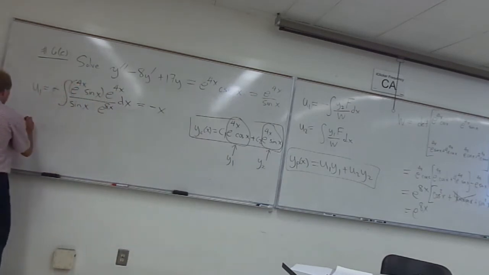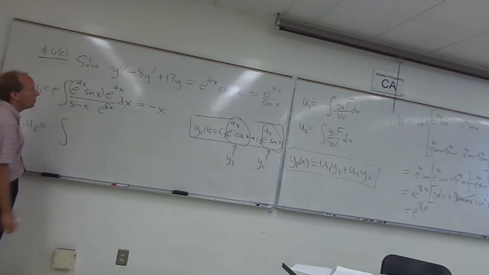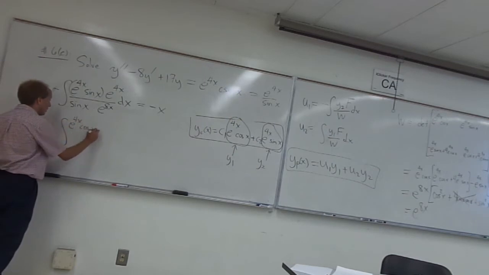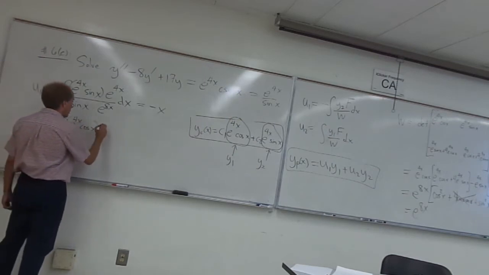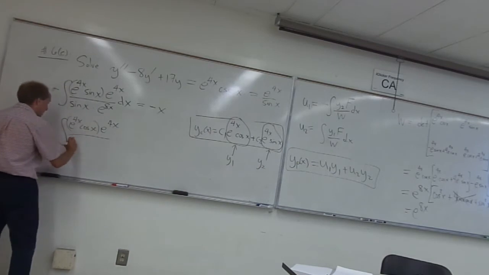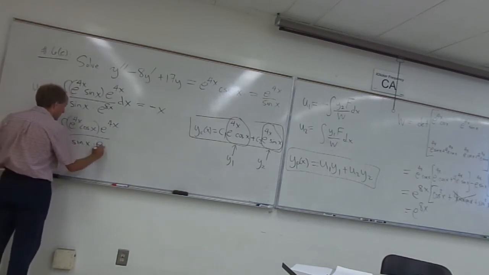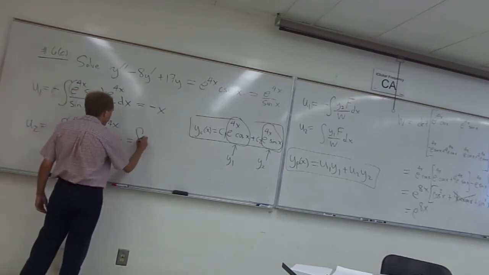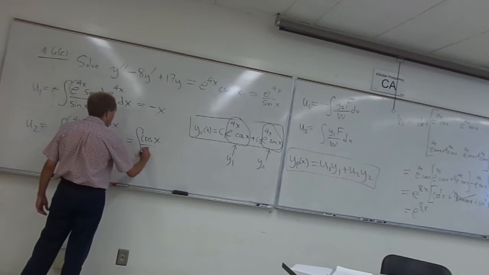And then U2, surely this one's going to be a little harder. This is the integral of y1, which is e to the 4x cosine of x, times e to the 4x over sine of x, times e to the 8x dx. And again, it simplifies considerably. It's just the integral of cosine of x over sine of x.